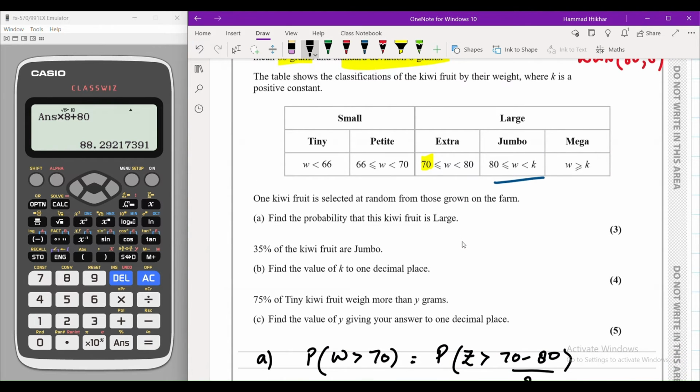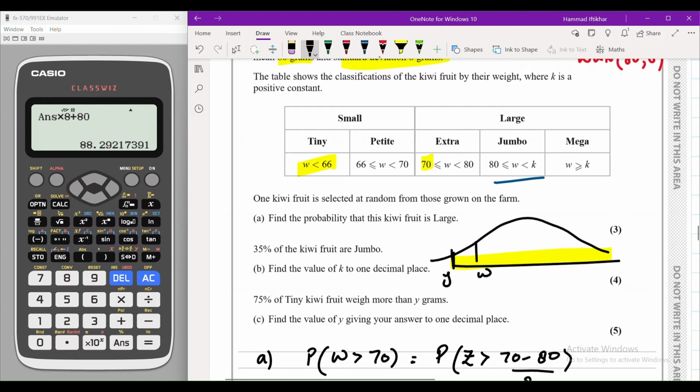75% of tiny kiwi fruit weigh more than y grams. Find the value of y, giving your answer to one decimal place. Tiny are all less than 66. So basically, we have the left tail somewhere over here. Let's call this w over here.